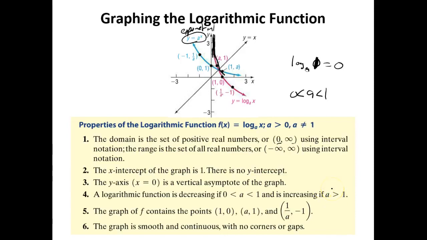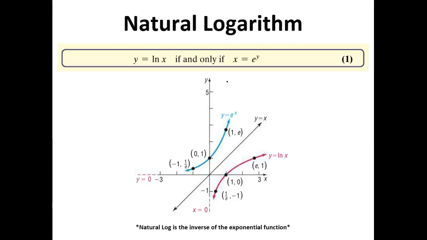So if the base of the logarithm is greater than 1, then it looks something more like this. The graph is going to contain the points (1, 0), (a, 1), and (1/a, -1), and the graph is smooth and continuous with no corners or gaps. So this just keeps on going nice and smooth.